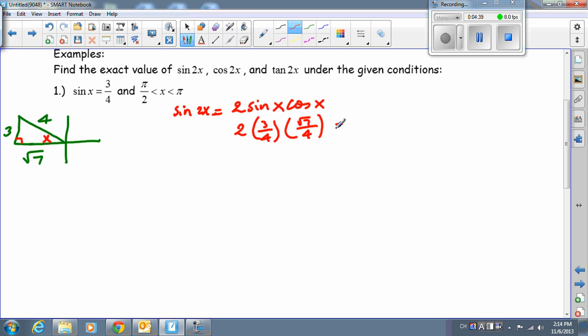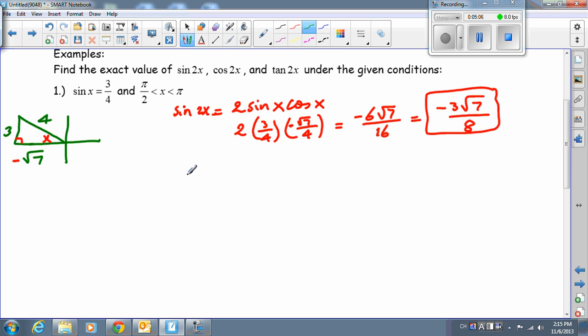And by the way, this is negative, and that is my fault. So this one will be negative. That will give me negative 6 square root of 7 over 16. So I can simplify it and say it's negative 3 square root of 7 over 8.